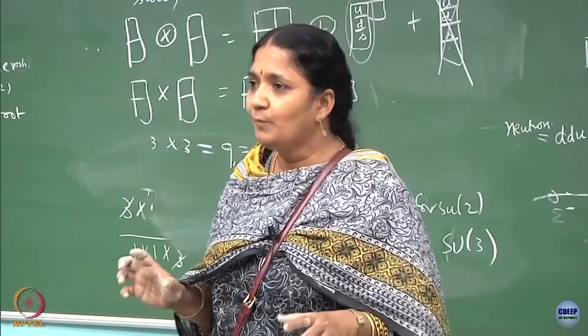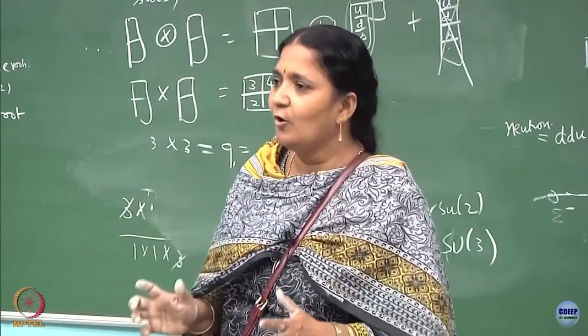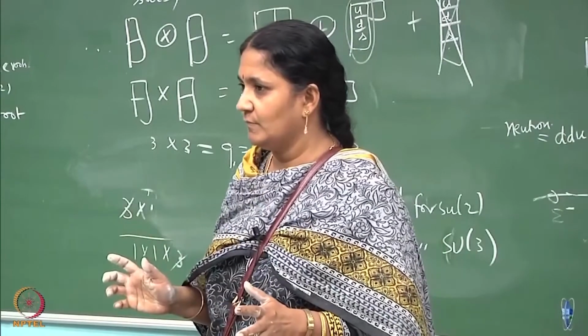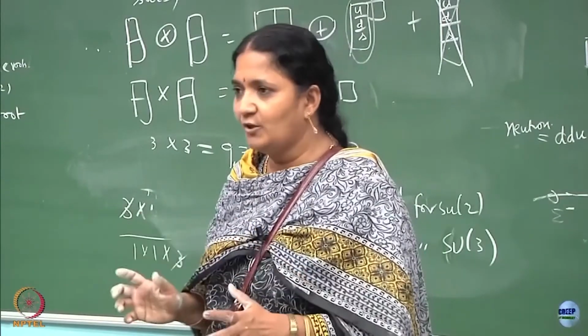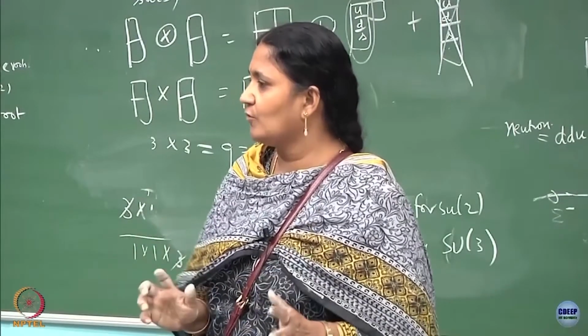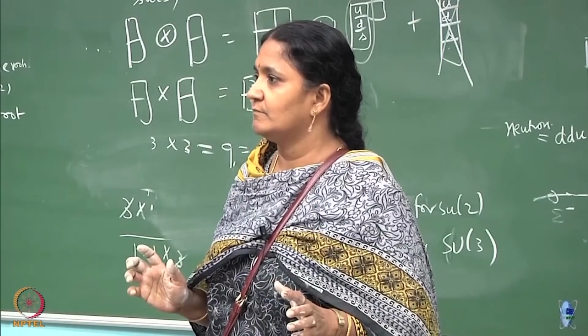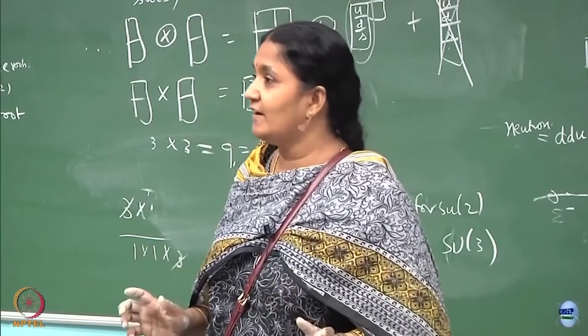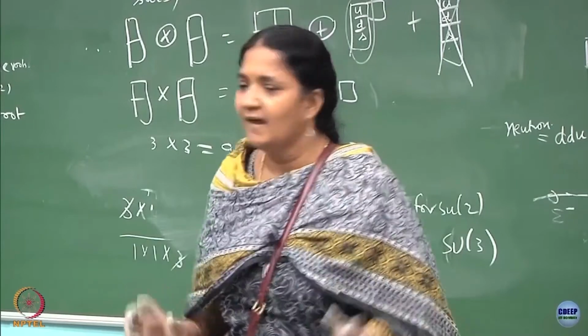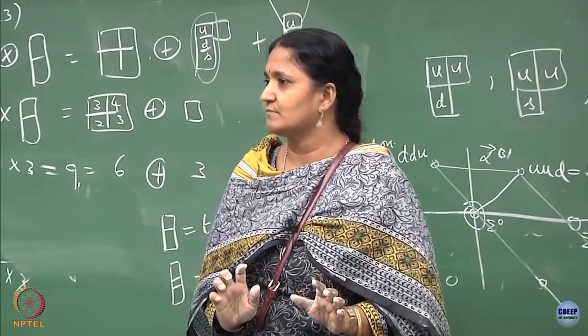For such a group, I want to look at whether certain matrix elements are 0 or non-zero. I will not be able to say what the value is, but I can at least say that these matrix elements will be 0 or non-zero, and that is the Wigner-Eckart theorem. I am sure you have all seen the Wigner-Eckart theorem in your quantum mechanics course. I am just rewriting it in the group theory language.